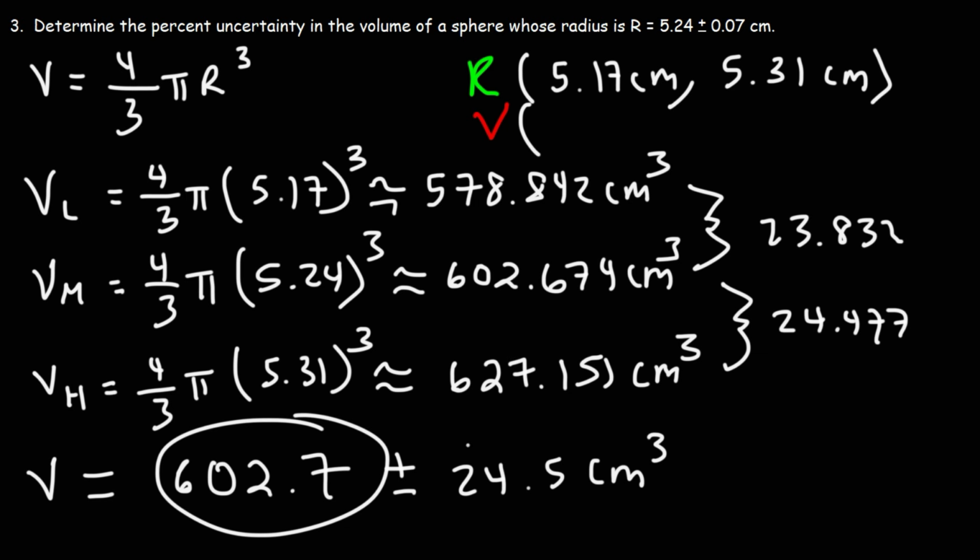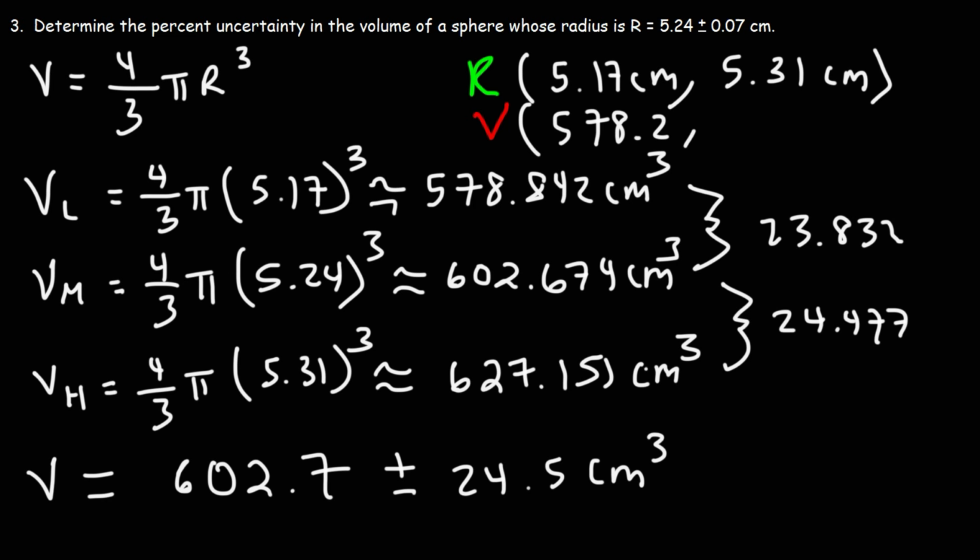If we were to take this number and subtract 24.5, that will give us 578.2. And if we were to take this number and add 24.5, it will give us 627.2. And that's going to be in cubic centimeters.